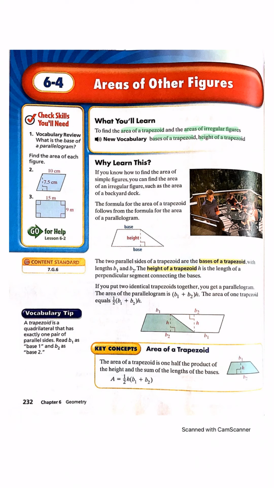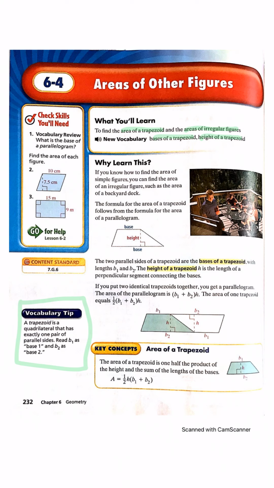What is a trapezoid? If you look over here, a trapezoid is a quadrilateral. So a quadrilateral we know has 4 sides, and a trapezoid has exactly one pair of parallel sides. Read B1 as base 1 and B2 as base 2.